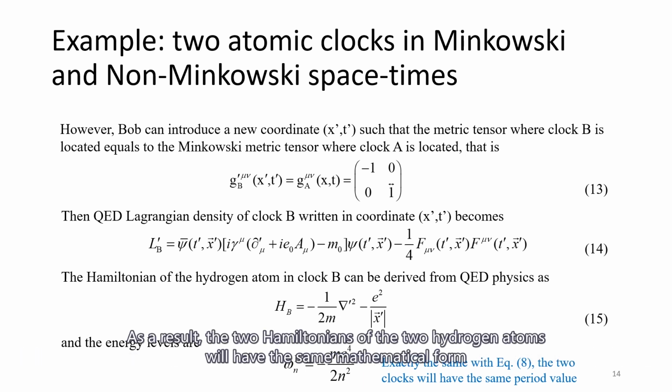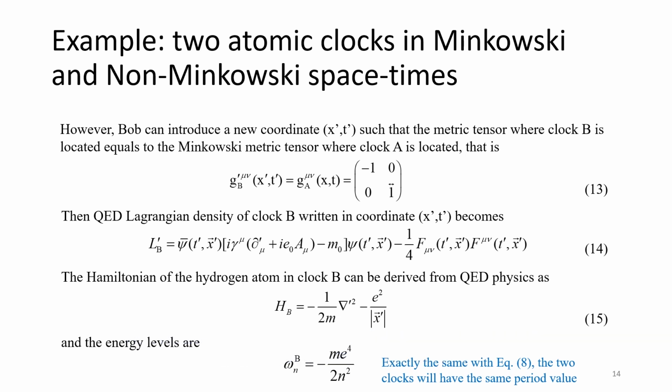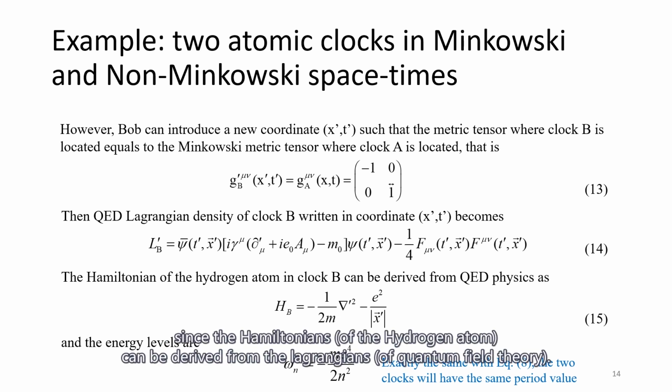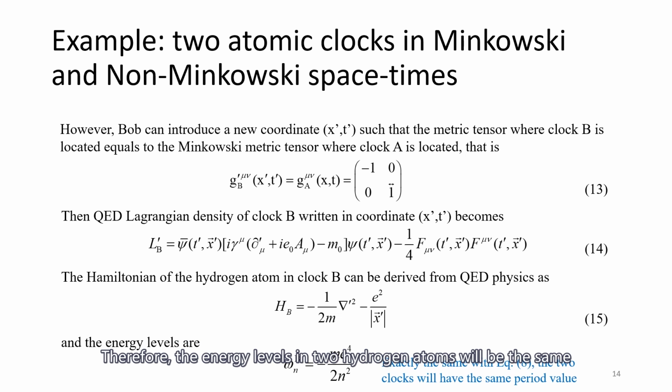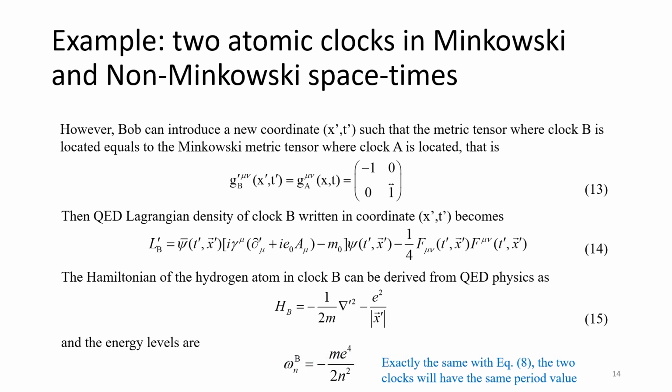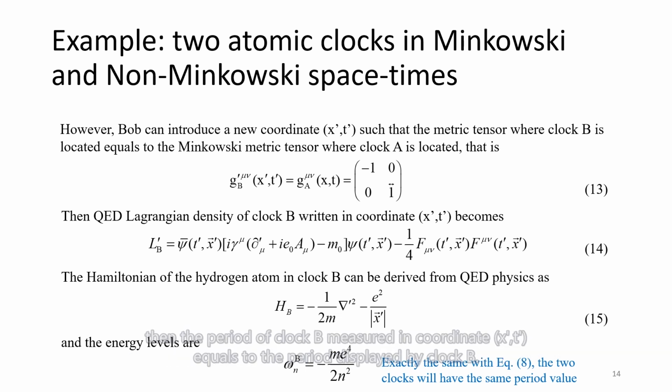As a result, the two Hamiltonians of the two hydrogen atoms will have the same mathematical form, since the Hamiltonians are derived from the two Lagrangians. Therefore, the energy levels in the two hydrogen atoms will be the same, and the periods of the two clocks will also be the same. Then the period of clock B measured in coordinate x prime, t prime will equal the period displayed by clock B.